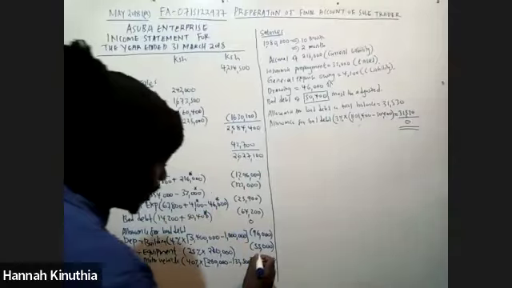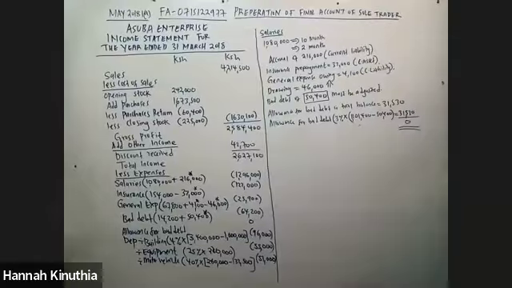So I think we have finished all the items in the additional information. So let's go back to our trial balance.